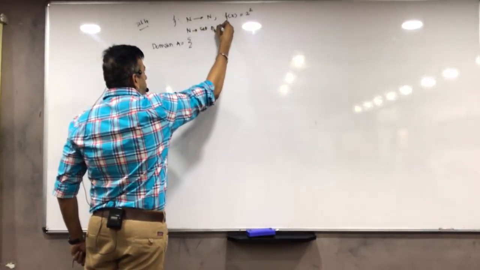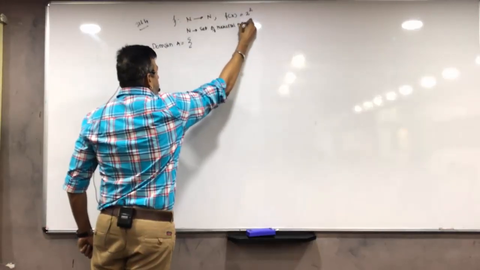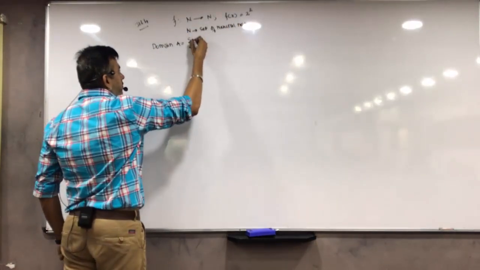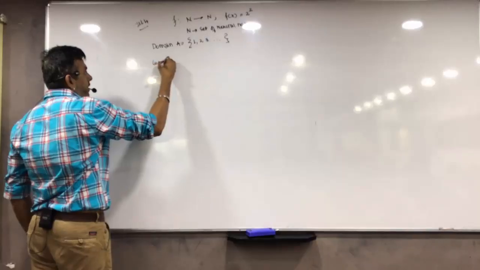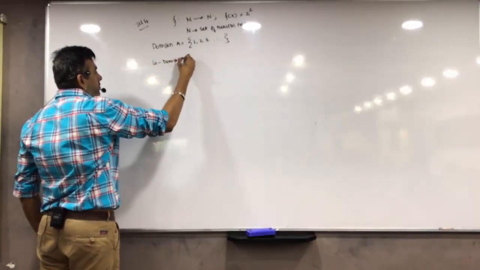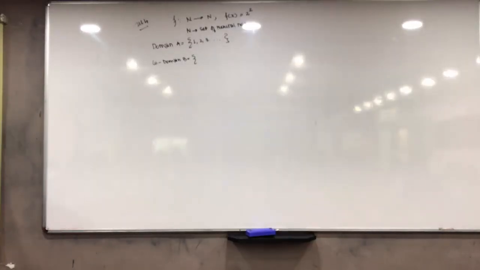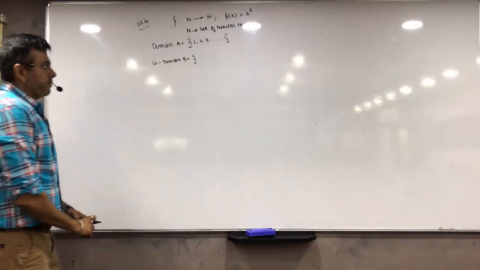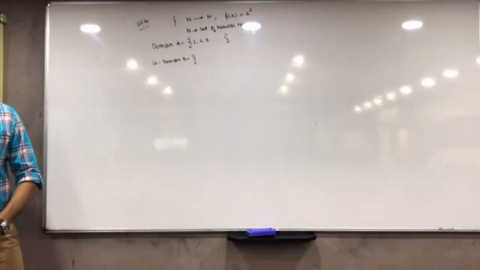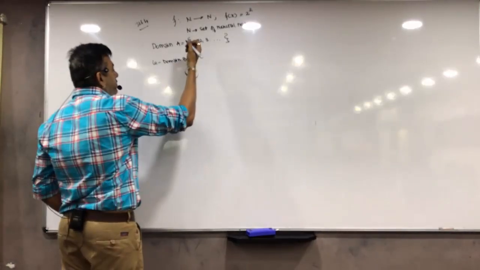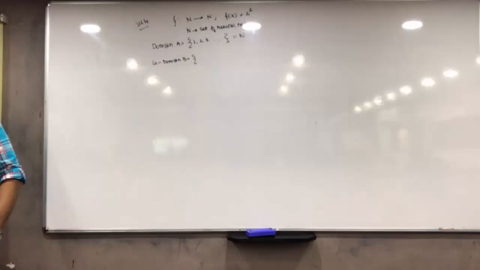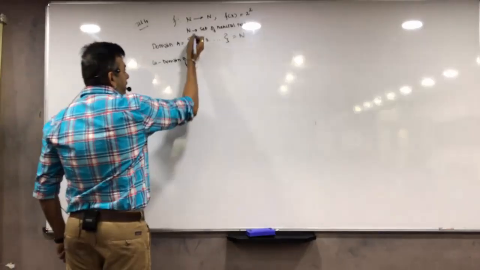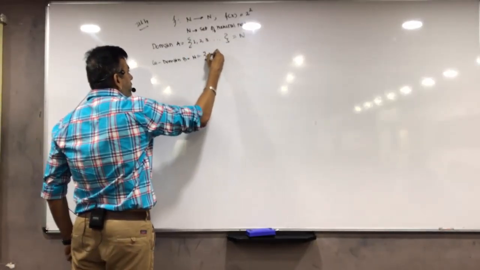Set of natural numbers. Don't forget to write this. So 1, 2, 3. Codomain B is also equal to N, which is again 1, 2, 3.